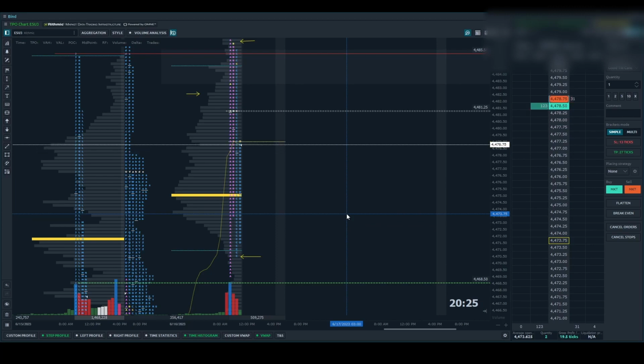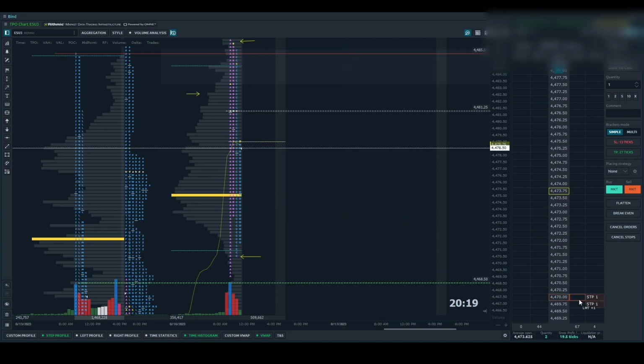So let's watch this for action. Yep, VWAP here. Now I think you could go to break even. If this doesn't work, you don't want to be in it.